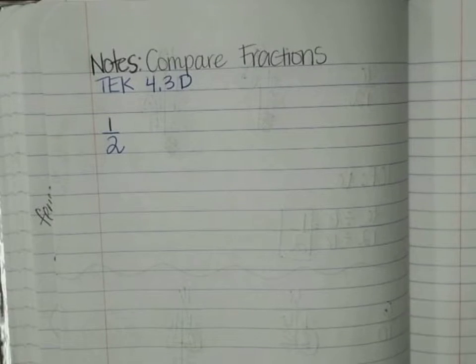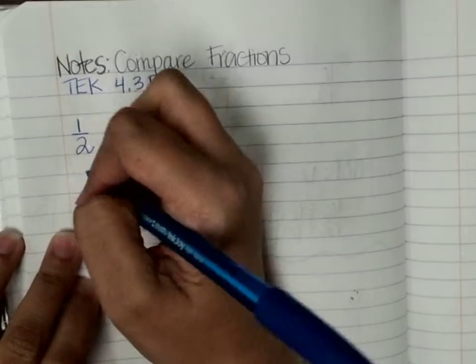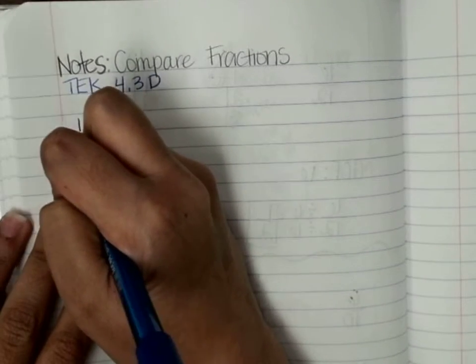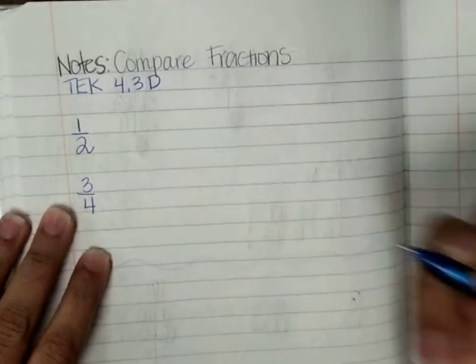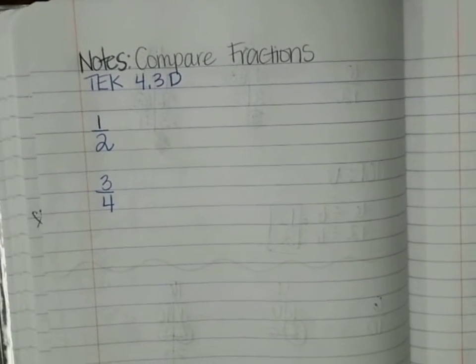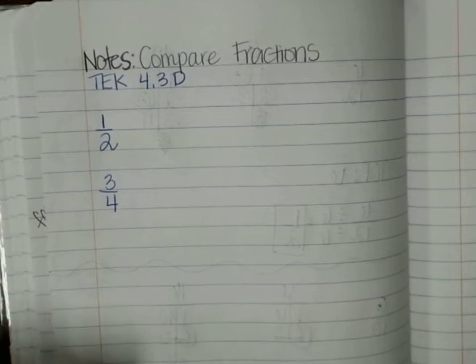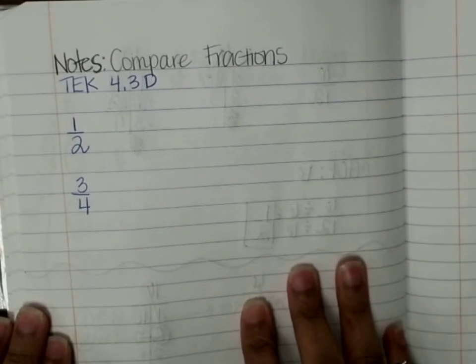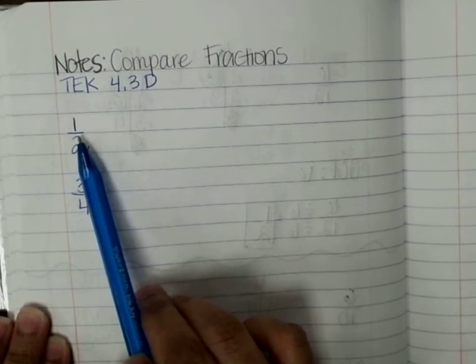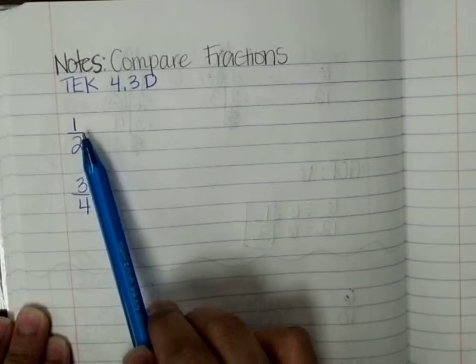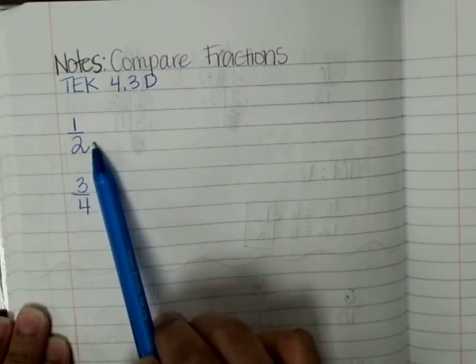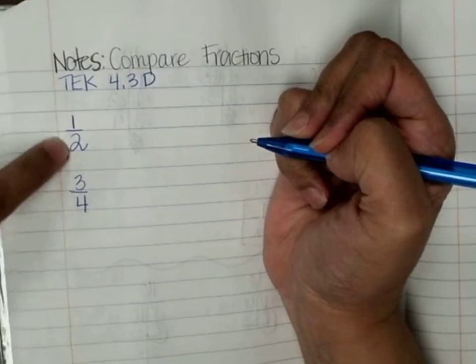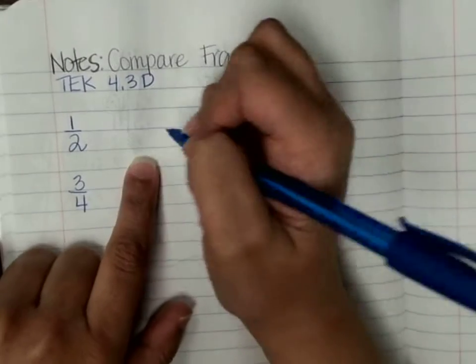Okay, so we are going to look at comparing which one is more, 1/2 or 3/4. So in the video, you saw that we were using patty paper and moving patty paper over 1/2 and 3/4, and we noticed that they both share the fourths. So what you do is your first step is to skip count the denominator.